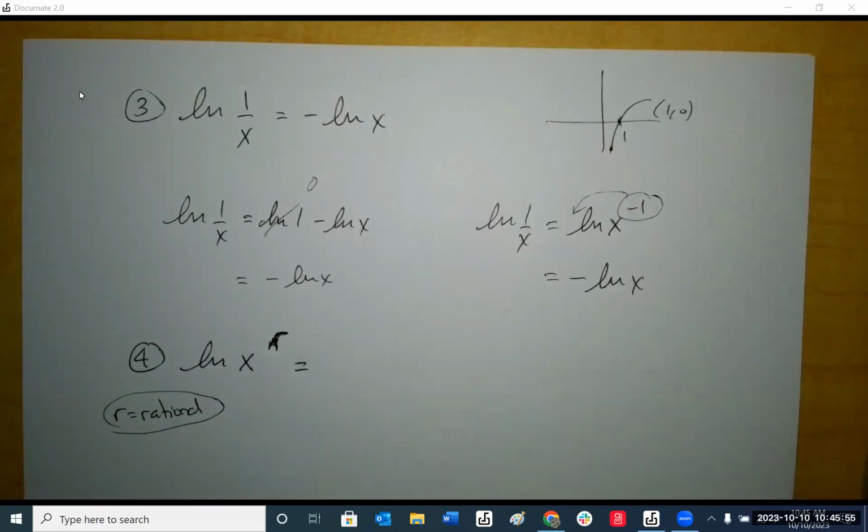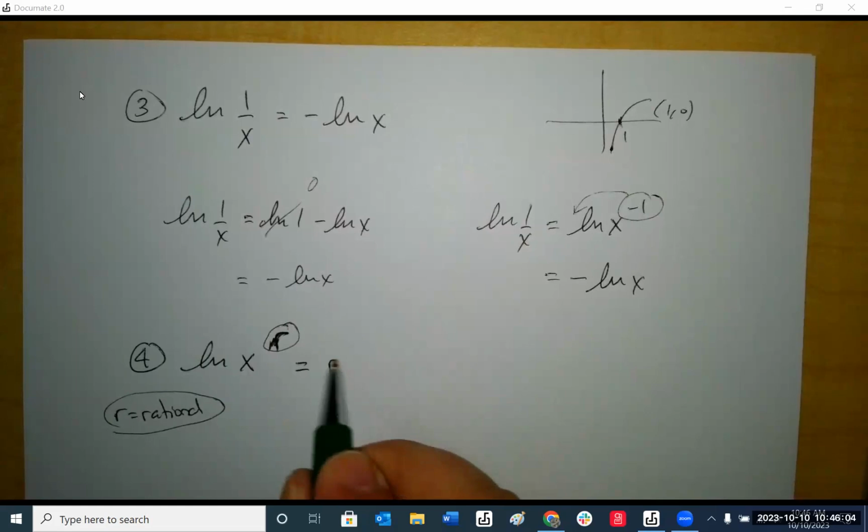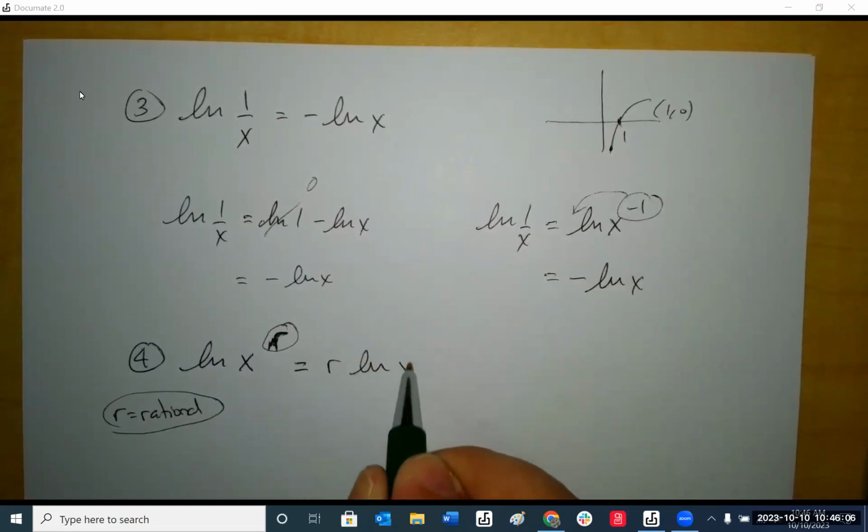So ln of x to the power r, where r is rational. Again, any exponent comes out in front, where r is rational.